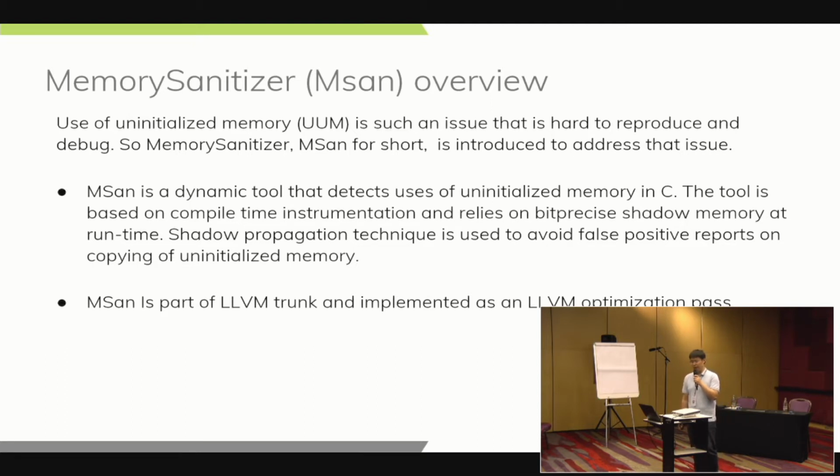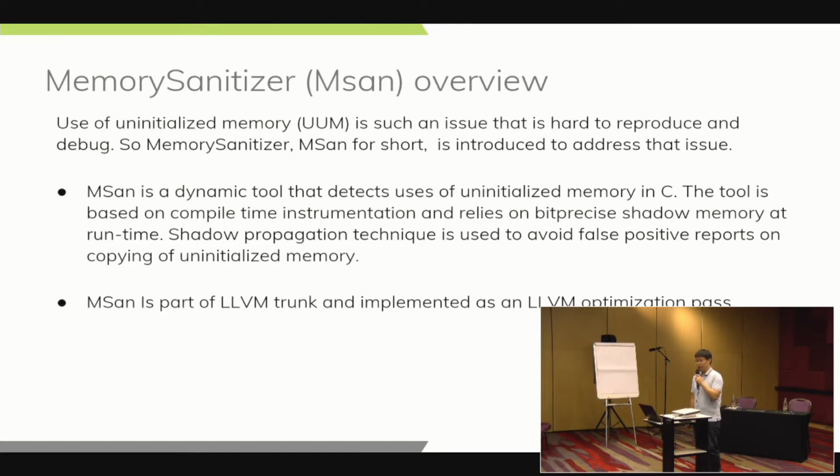This tool relies on bit-precise shadow memory and also relies on shadow propagation. Bit-precise shadow memory means that MSan can track uninitialized bits in a bit field.